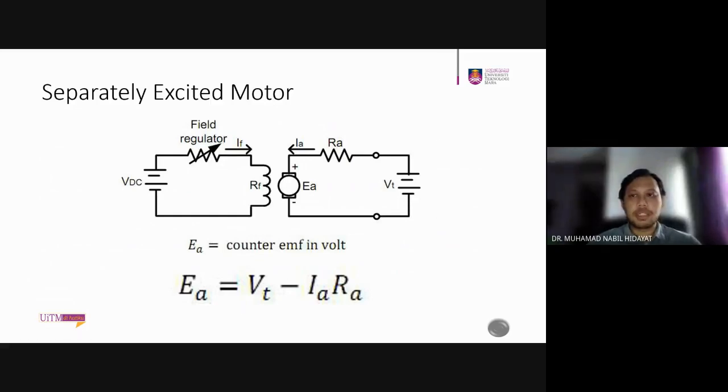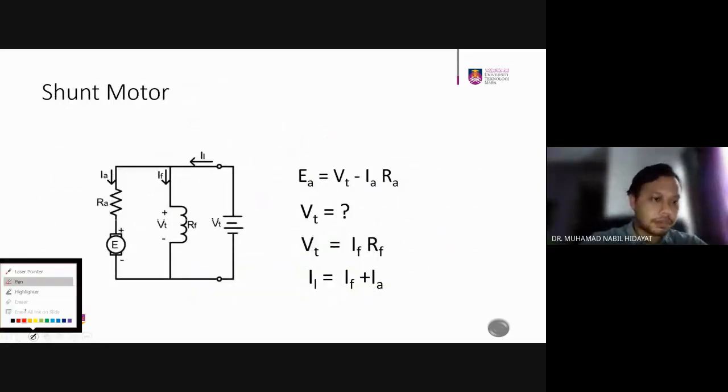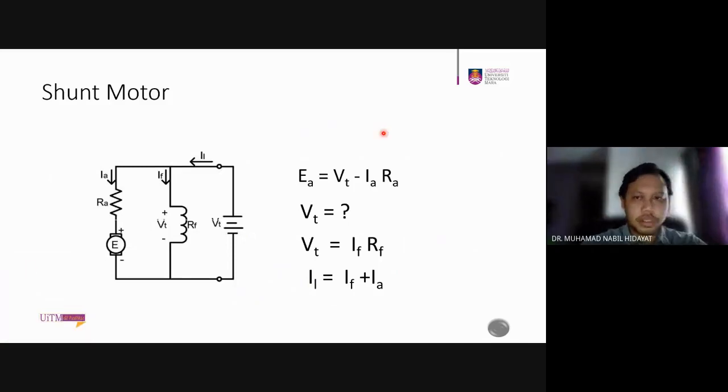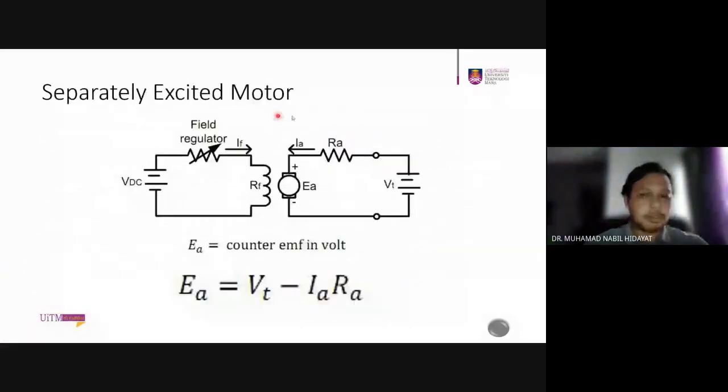In this circuit diagram, you have your armature part of the equivalent circuit, and this will be the field.